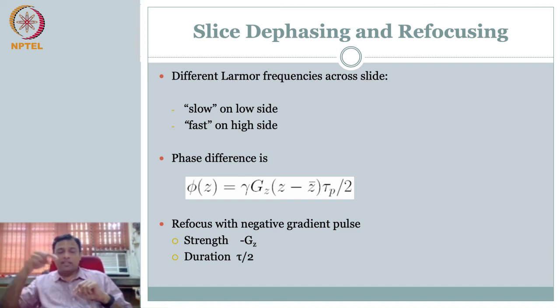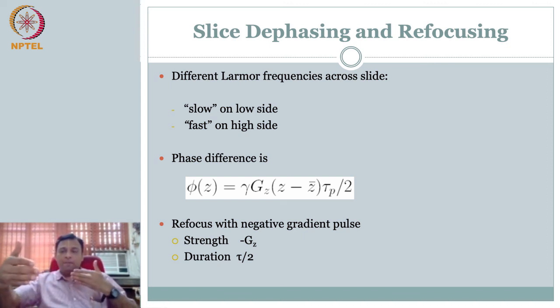The field strength that was high, that location will become low. The location that had lower magnetic field strength will become high. That means the precession that was faster, now that I've flipped the gradient, is trying to become slow. Wherever it was slow, because of the flip, it is going to try to come fast.